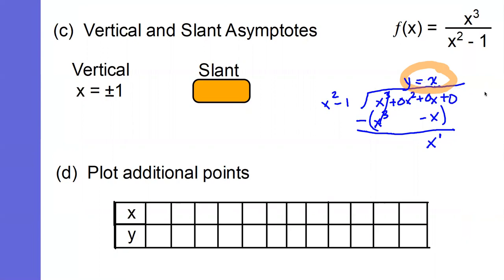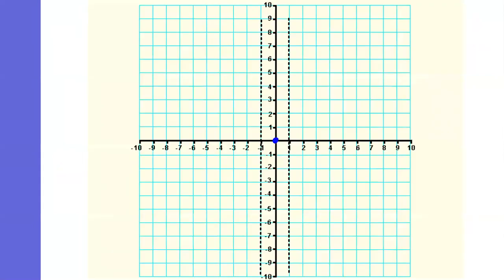So my slant asymptote is the line y equals x. Let's add that into our graph. If I have a slant asymptote at y equals x, my y-intercept would be 0, my slope is 1, so I go up 1 over 1, up 1 over 1. So this is going to go through this point here.